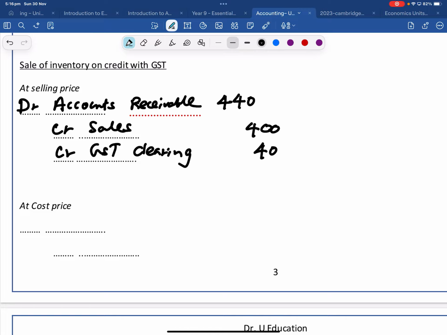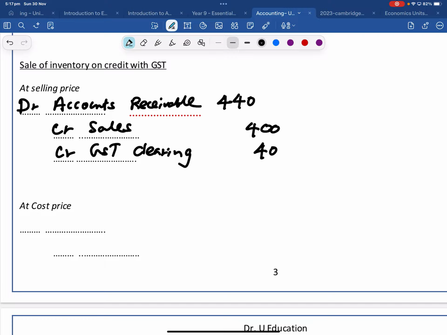For example, let's say we are selling textbooks. We purchase at 200 as inventory, and then in return we sell it for 400. So at which price is the inventory affected? Selling price or the cost price?